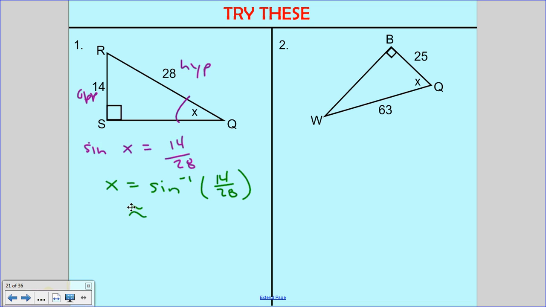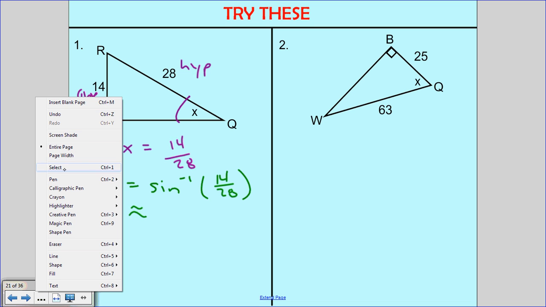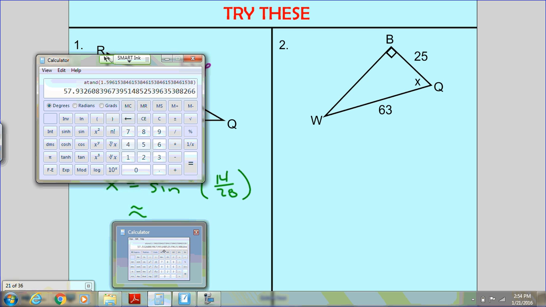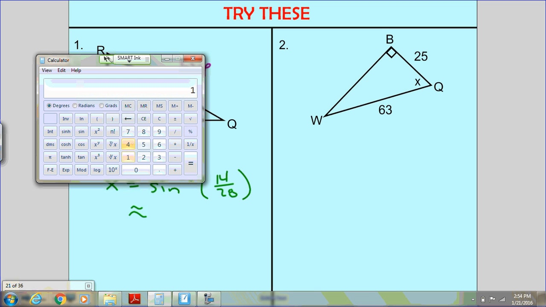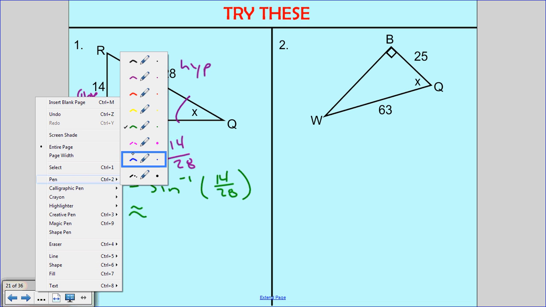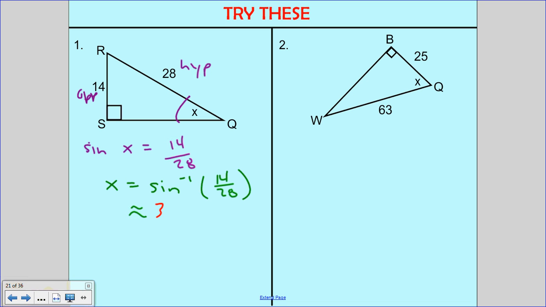So that will be approximately, 14 divided by 28 is half. And now I need the inverse sine. So it's 30 degrees. So X is 30 degrees.